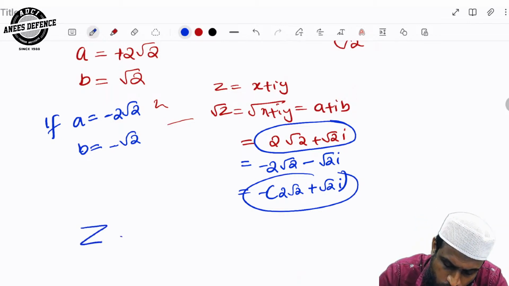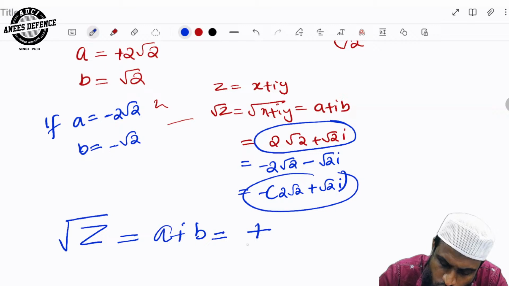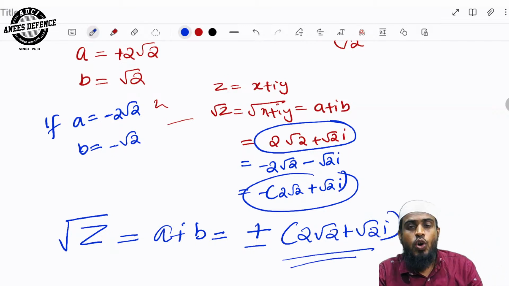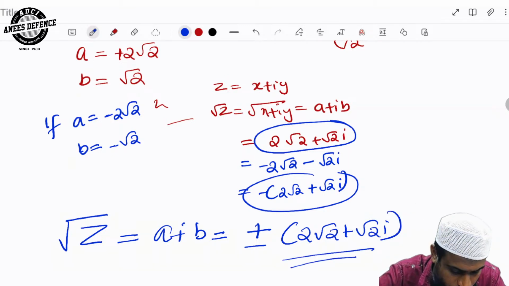So root of z is equal to a plus ib, means it can be plus or minus 2 root 2 plus root 2i. So this is the answer for the complex number. So this is one example of a complex number.